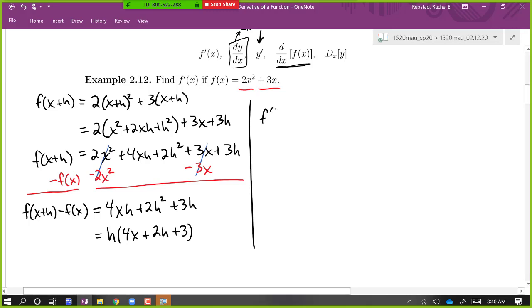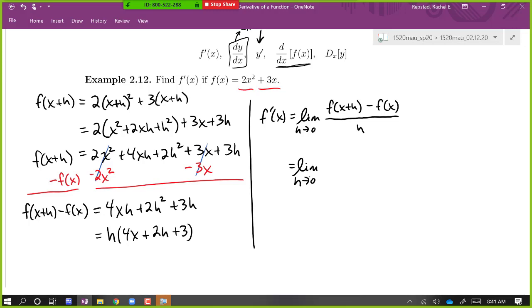So f prime of x is the limit as h approaches 0 of f of x plus h minus f of x, all over h. We know what goes on top. Notice, by the way, I haven't made a point of talking about this, but I carry the lim. Every step I have lim as h approaches 0, lim as h approaches 0.